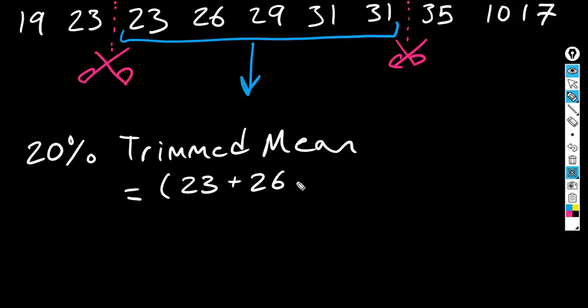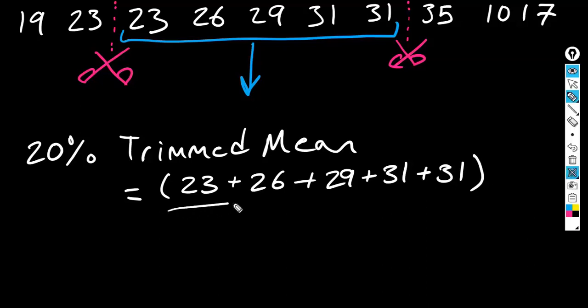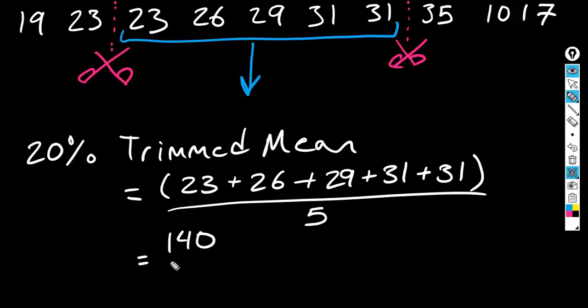So again, that 20% trimmed mean. We're just trimming 20% of the highest and lowest values, and then what's remaining, we're just doing an arithmetic mean for that. And so here with our 20% trimmed mean, we would get a 28.